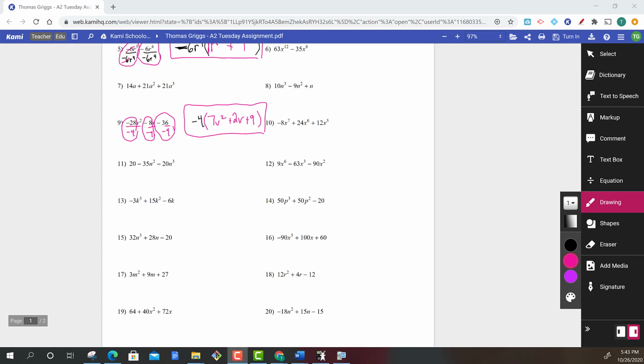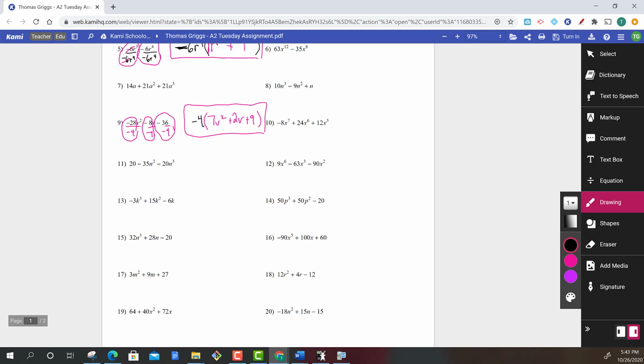Let's look at one more problem. Let's look at number 11. So number 11, again, they don't all three have a variable. That's the first thing I notice. So the greatest common factor in this problem is just going to be a number.